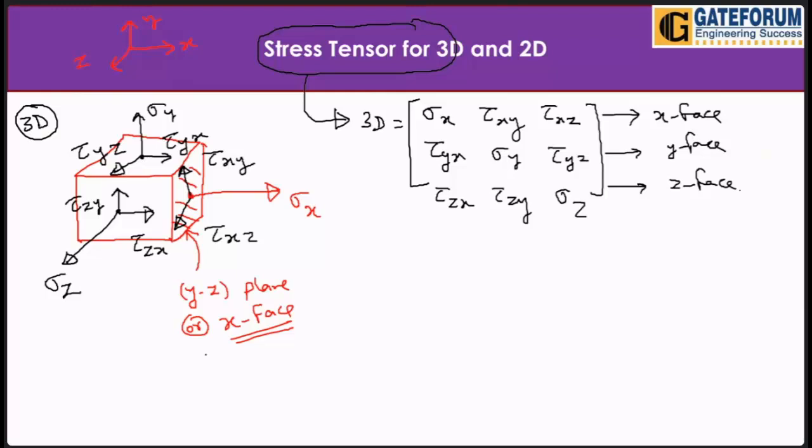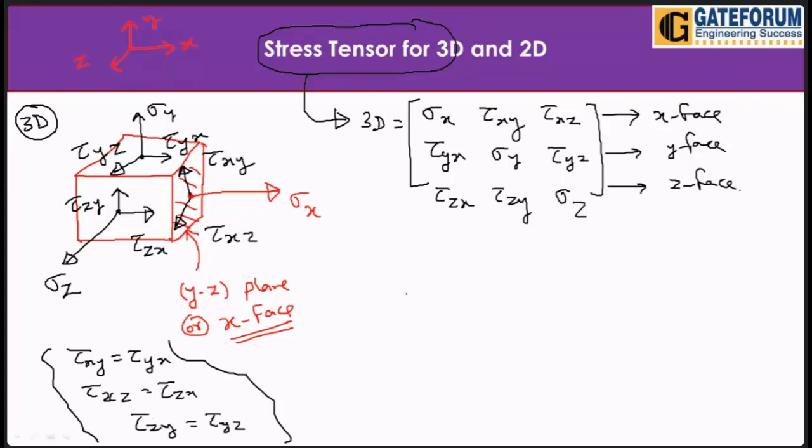We can say that tau xy equals tau yx, tau xz equals tau zx, and tau zy equals tau yz. On the basis of magnitude, these will be equal.